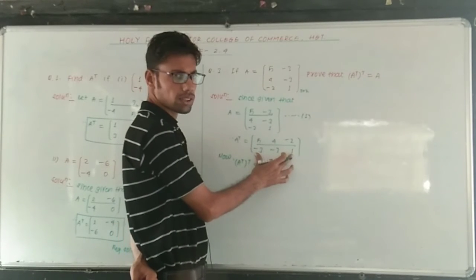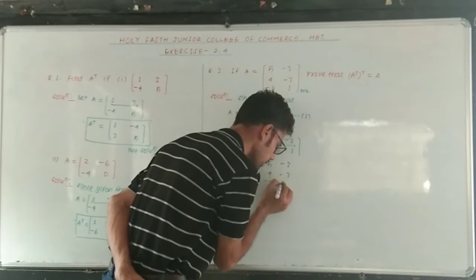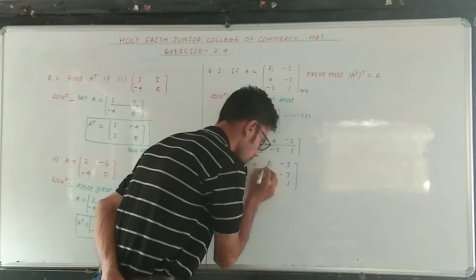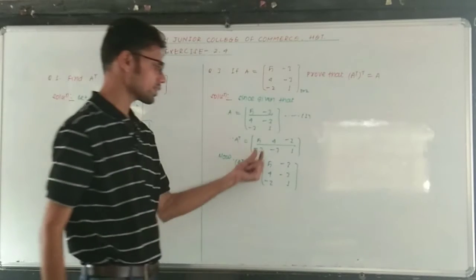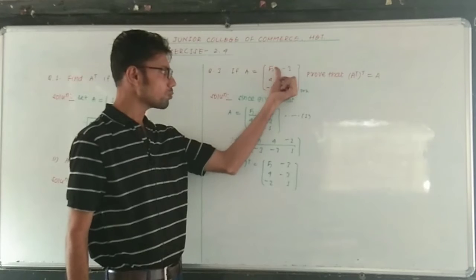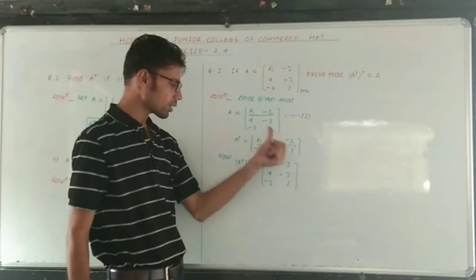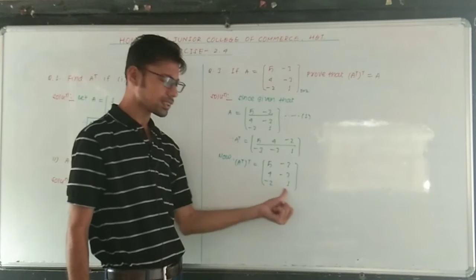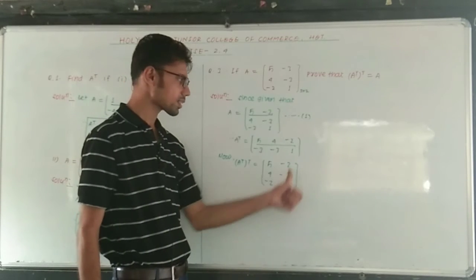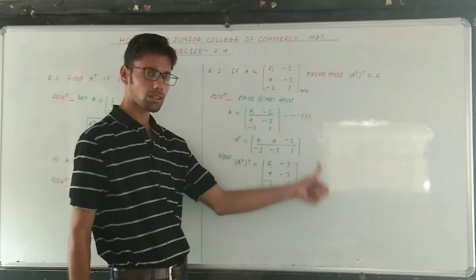We convert this row into the second column, -3, -3, 1. Now we have to check that matrix, [5 -3; 4 -3; -2 1]. It is nothing but the value of the A matrix, which we wrote down from equation number 1.